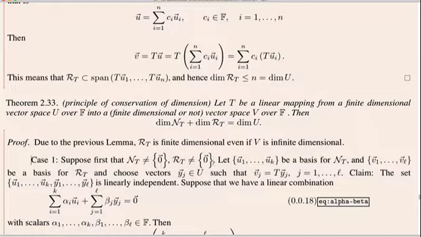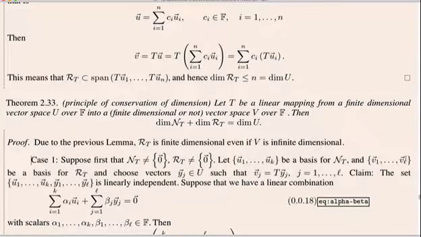That means that their dimension is not zero, so let's say that u_1, ..., u_k is a basis for the null space of T, and v_1, ..., v_l is a basis for the range of T. And then we choose vectors y_j in U such that v_j equals T of y_j.